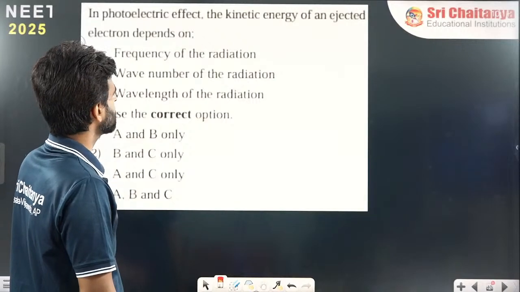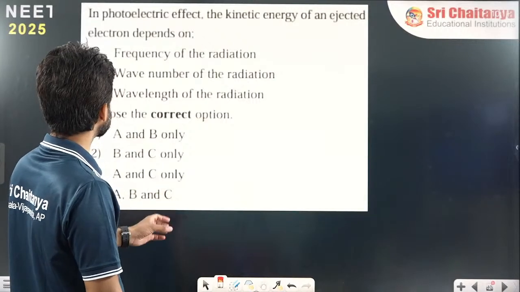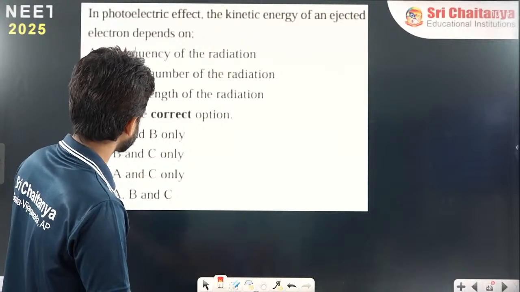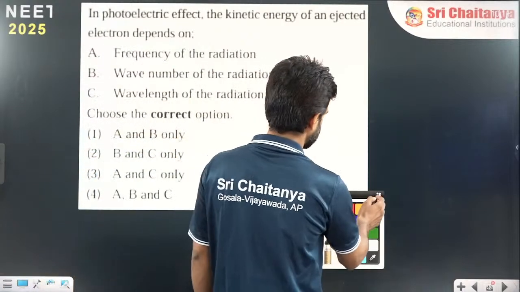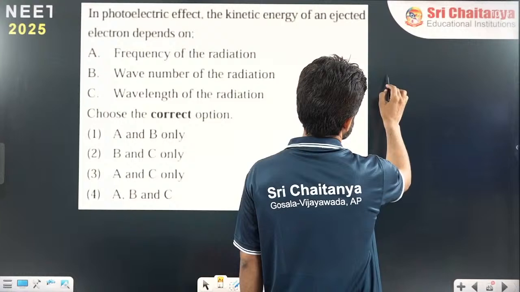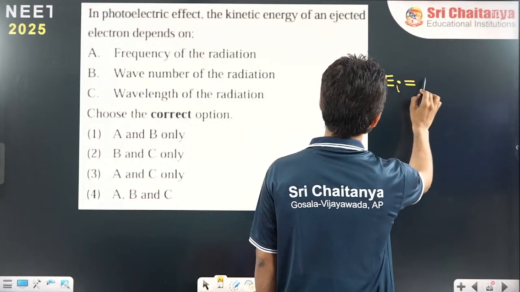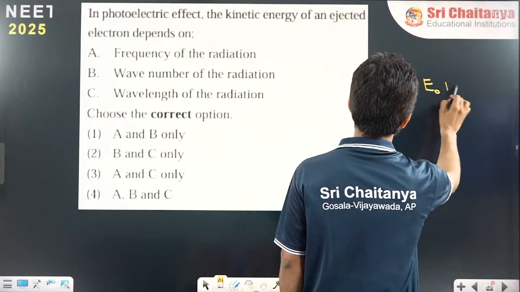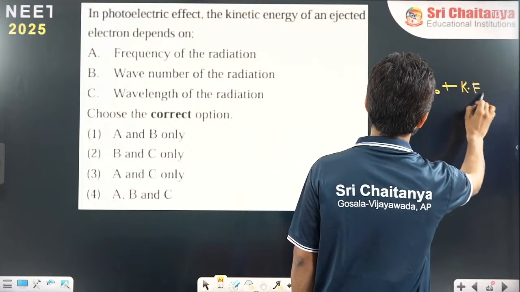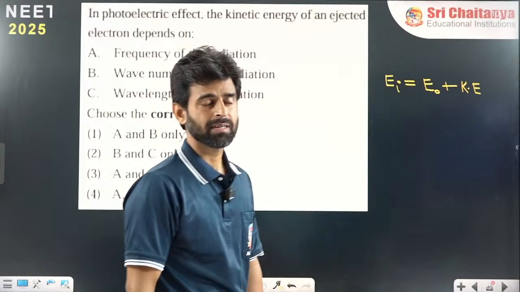In a photoelectric effect, the kinetic energy of the ejected electron depends on what? Okay, we know very well that E_I, the energy of the incident photon, equals E naught plus what? Kinetic energy, right?